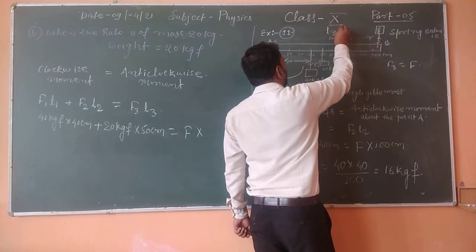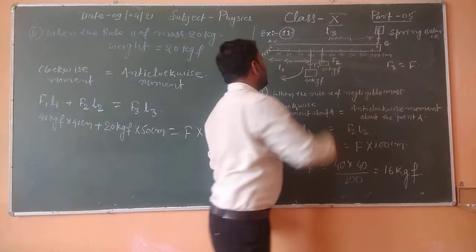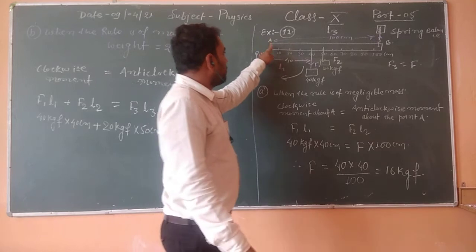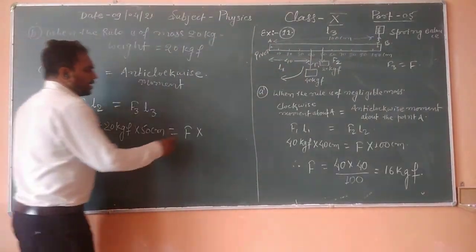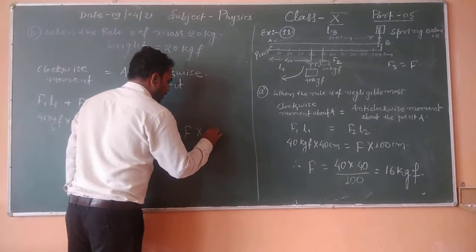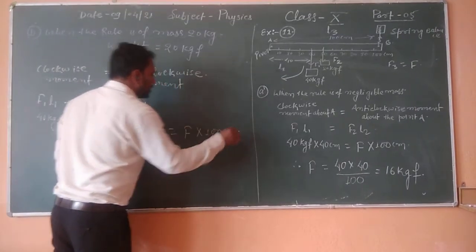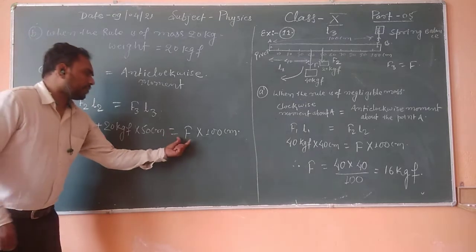Again, L3 becomes 100 because A is the pivot. From A I am taking the distance. So L3 becomes 100 centimeter. We have to find F.